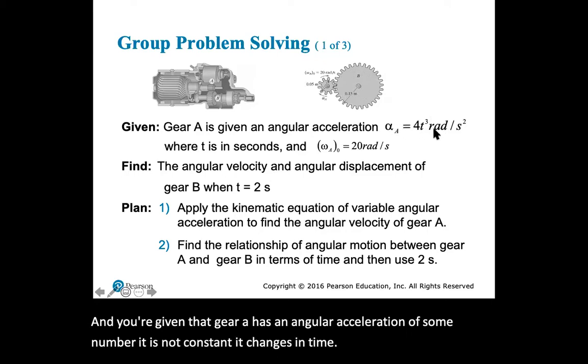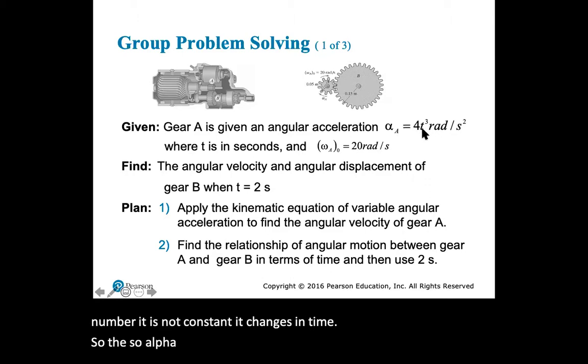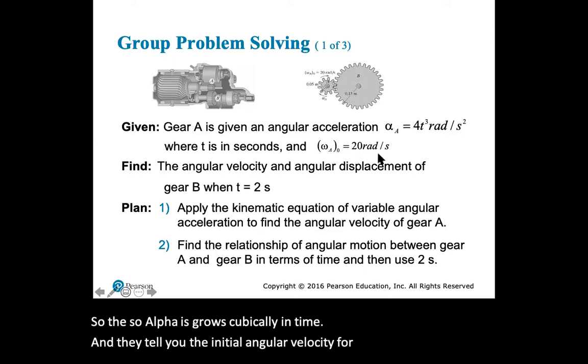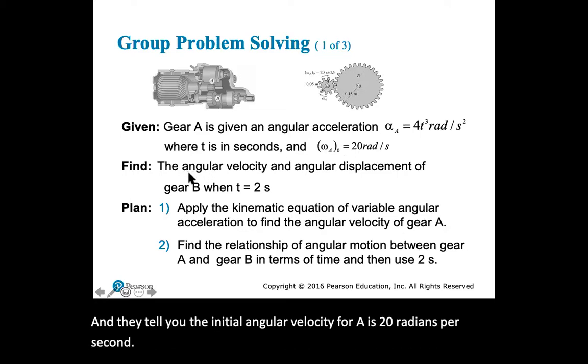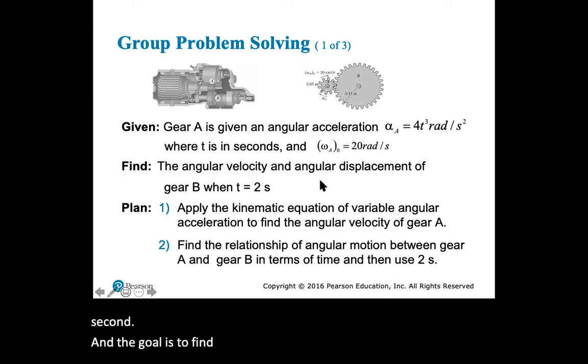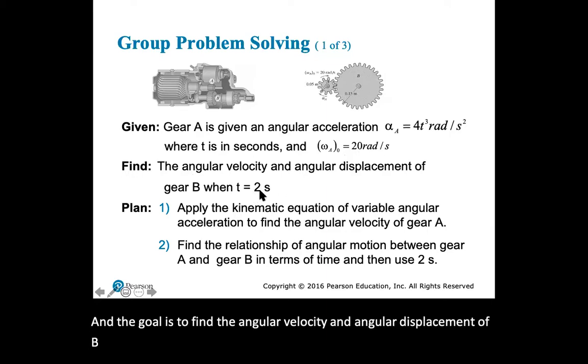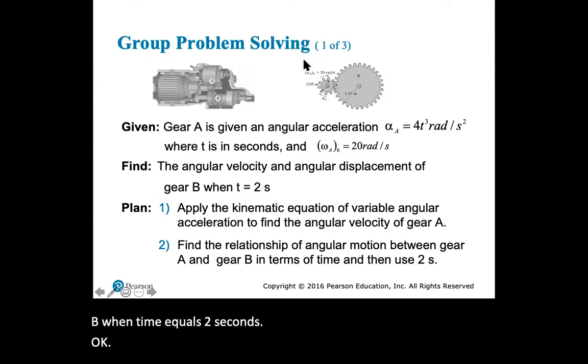So alpha grows cubically in time. And they tell you the initial angular velocity for A is 20 radians per second. And the goal is to find the angular velocity and angular displacement of B when time equals 2 seconds. So you're trying to figure out what is the angular velocity and the change in theta for gear B.